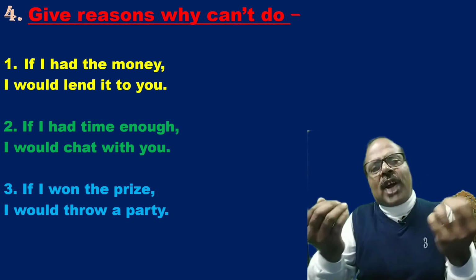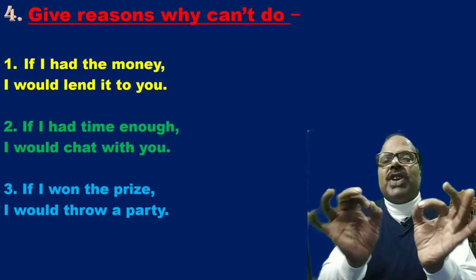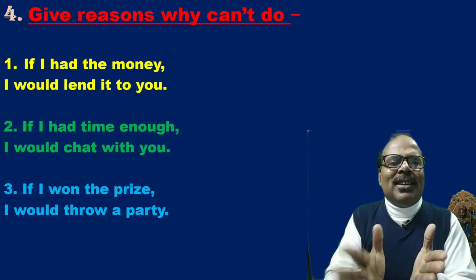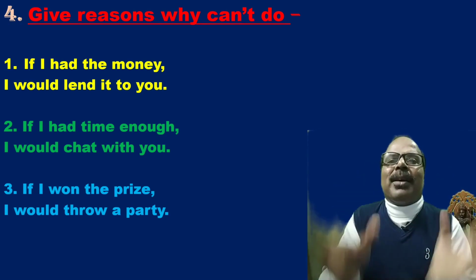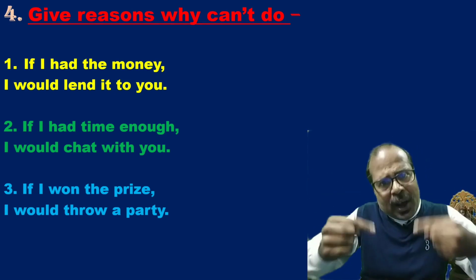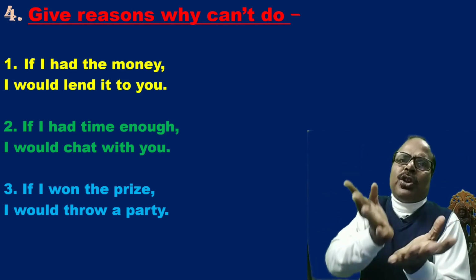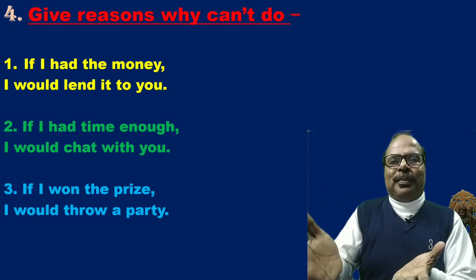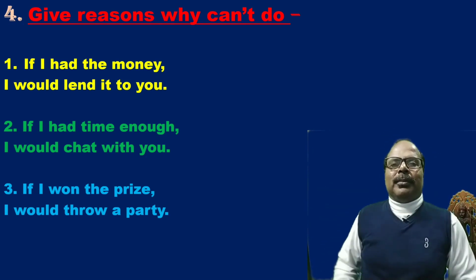If I had time enough, I would chat with you. I want to chat with you, but I cannot. What is the reason? Because I have no time. But if I had time enough, আমার যদি যথেষ্ট সময় থাকতো, I would chat with you. তাহলে আমি তোমার সাথে গল্প করতাম.